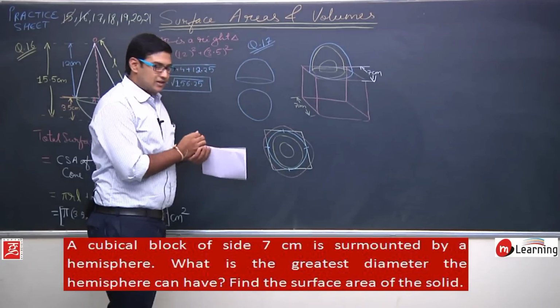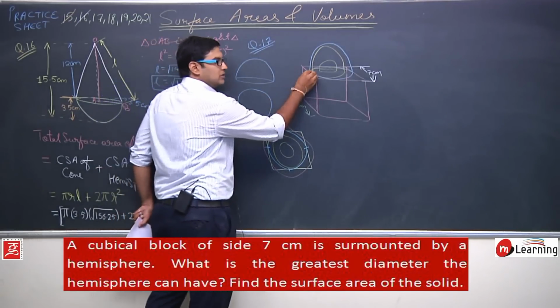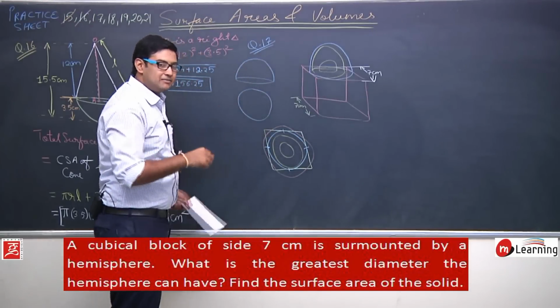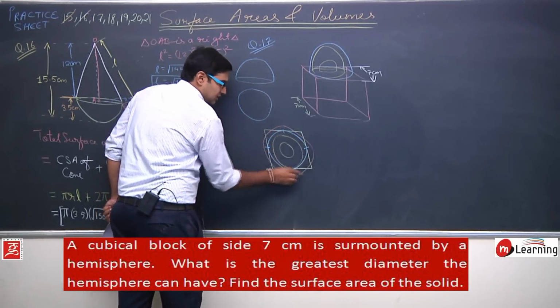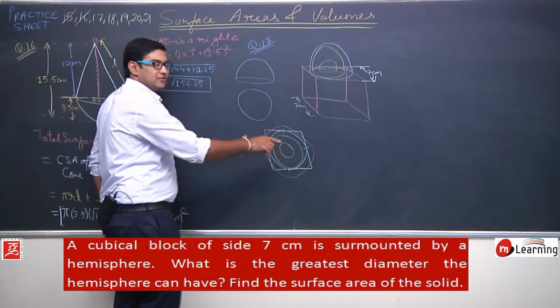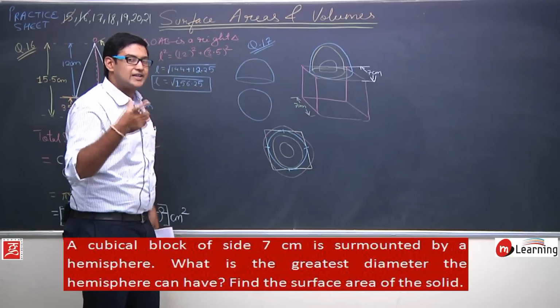Okay, why 7? Because if the radius of this hemisphere is 7 centimeters, it will be like this blue one. This blue one represents the hemisphere which has the greatest radius.